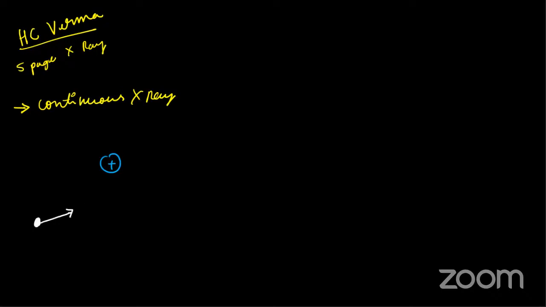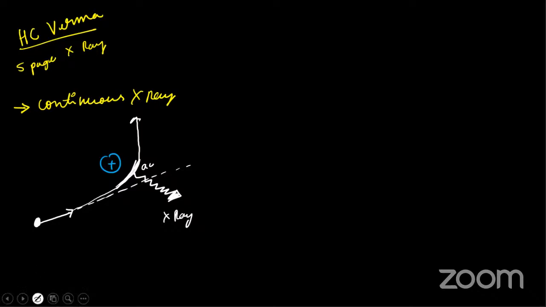It is supposed to go in a straight line if there is no nucleus, but because of the nucleus, it is attracted and bends slightly towards the positive charge. Since it is curving, there will be a centripetal acceleration, and therefore it's going to emit radiation. Whenever charges accelerate, they emit radiation, and this radiation is called X-ray. Very simple. So this is one way of getting X-ray.